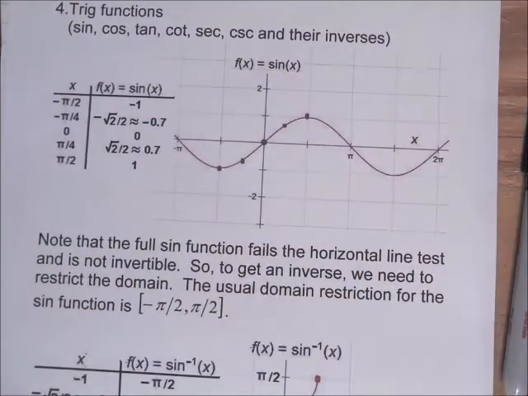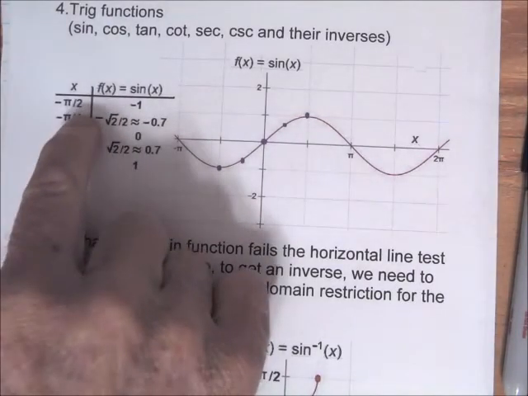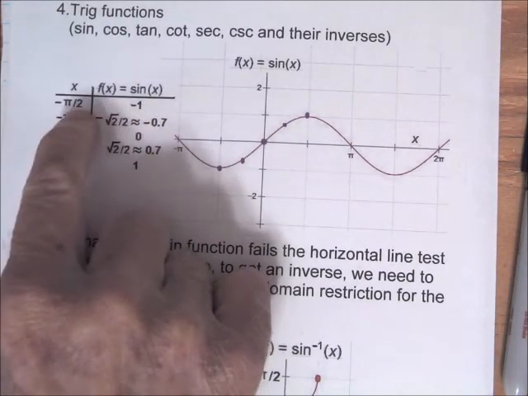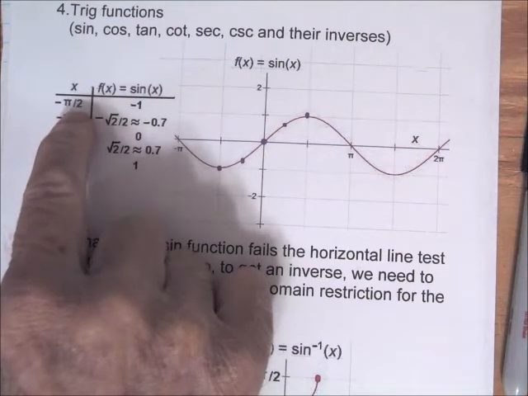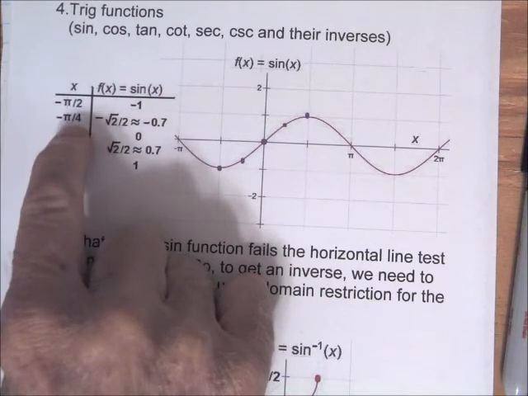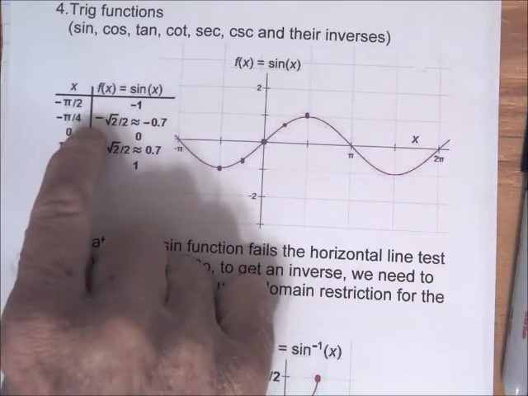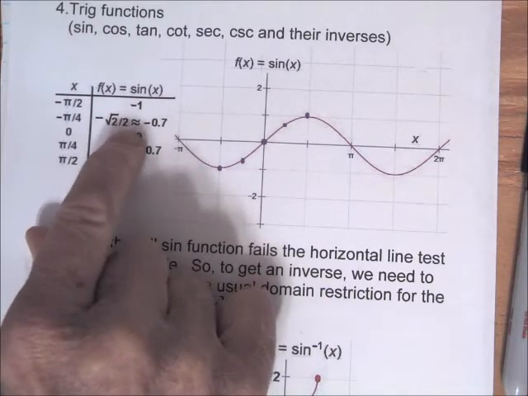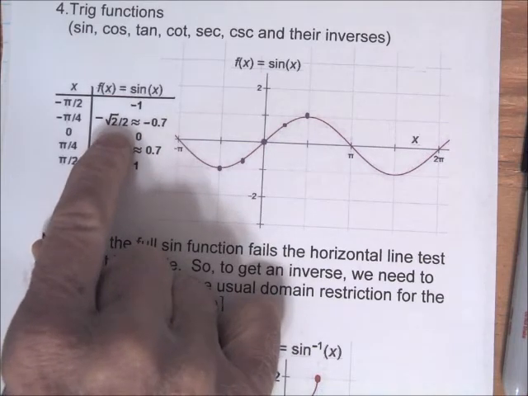This is the graph of sine x, and we can get it by plotting points on the unit circle. If you go to negative pi over 2 on the unit circle, the y coordinate is -1, and if you go to angle negative pi over 4 on the unit circle, the y coordinate is negative root 2 over 2.